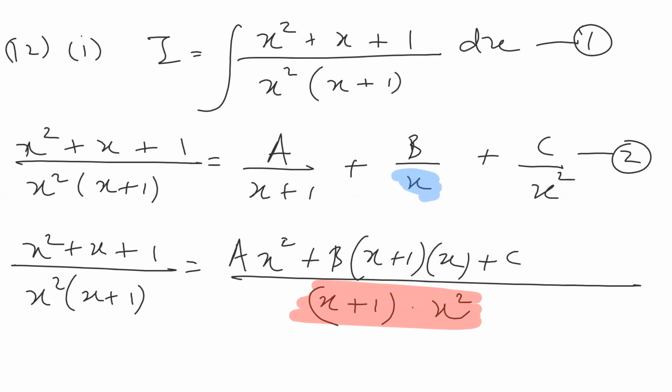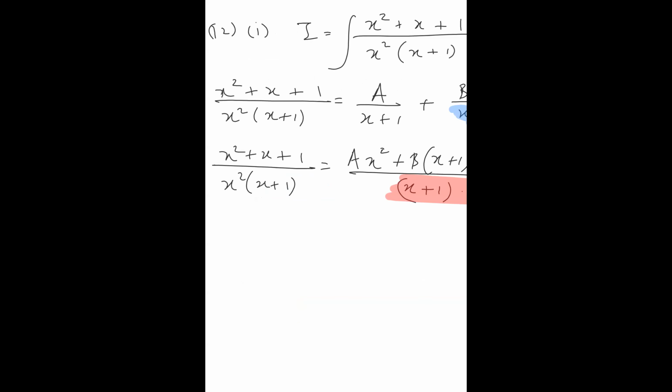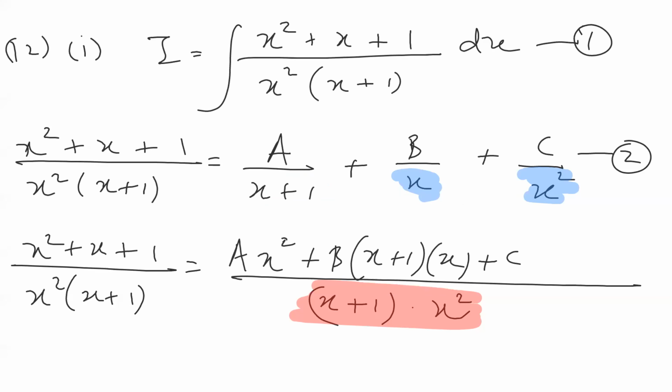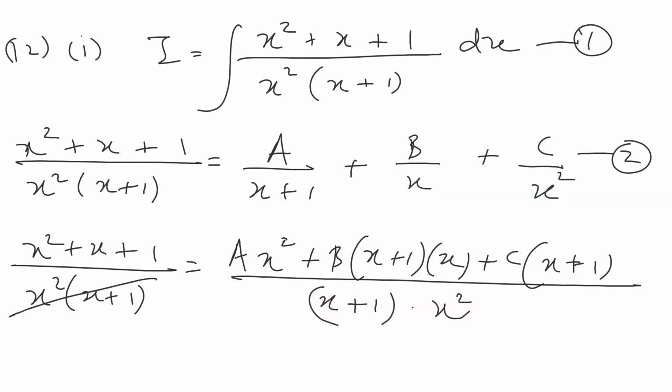Plus C, red colored part divided by the blue colored part, this will give me C into x plus 1. Now we can cancel the terms on both the sides.